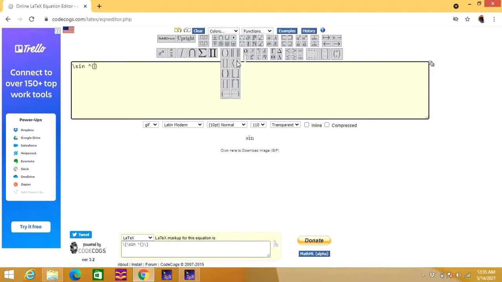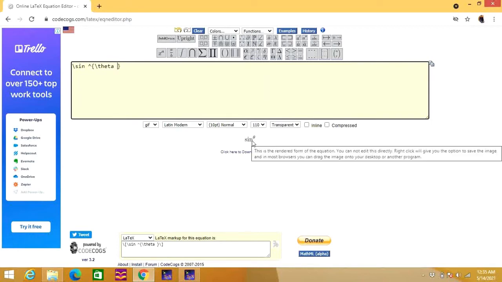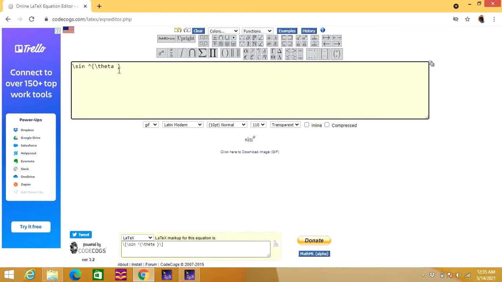We need to choose the theta symbol. So it is coming here sin to the power theta. Exactly what we need is sin square theta, so we need to write here 2. So it will come sin square. After this bracket we are going to add theta, sin square theta.